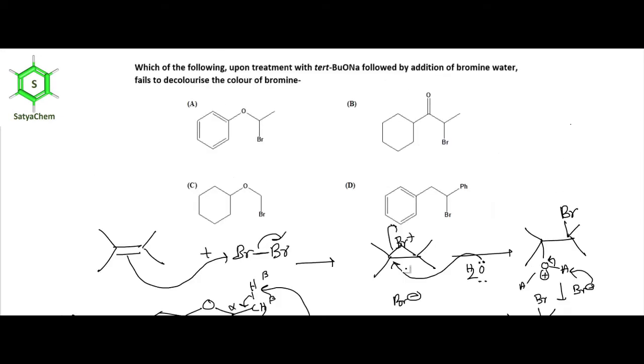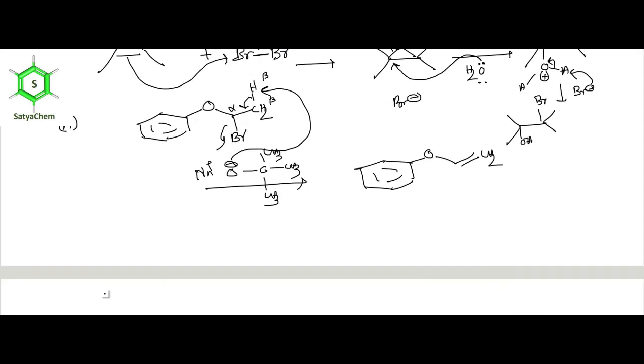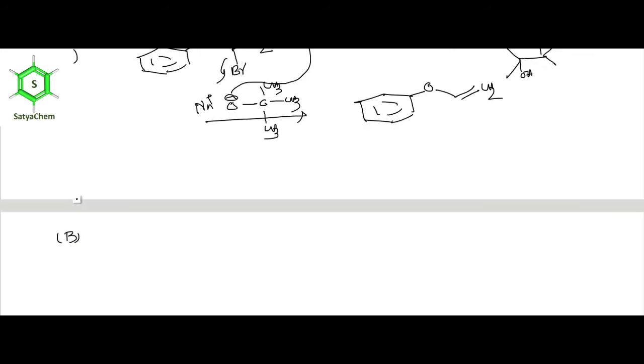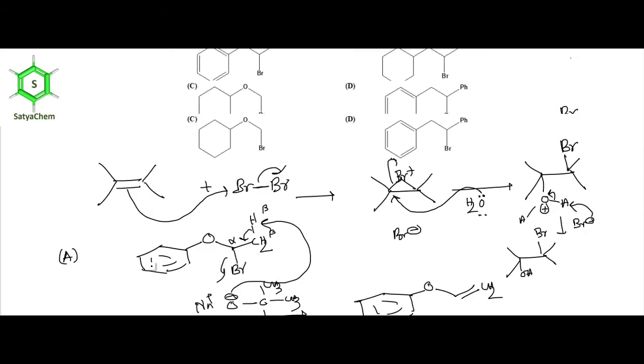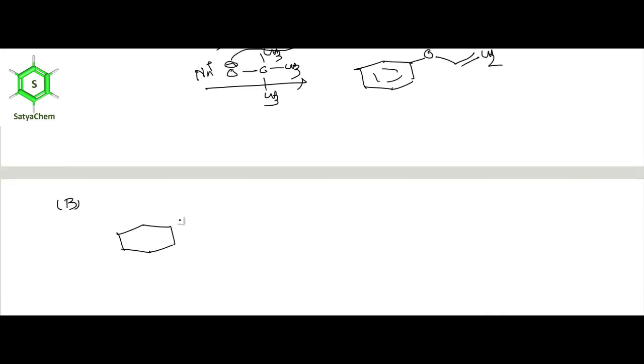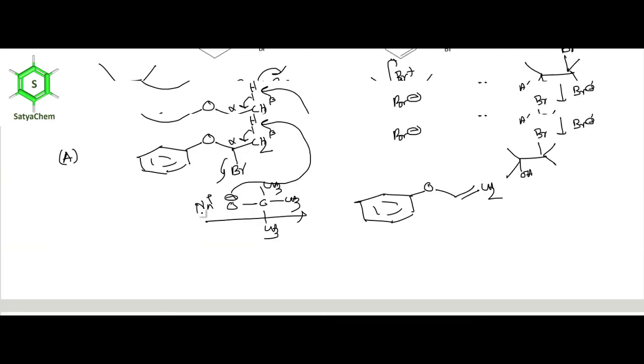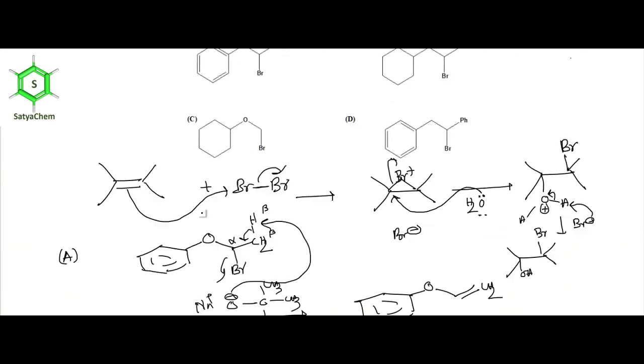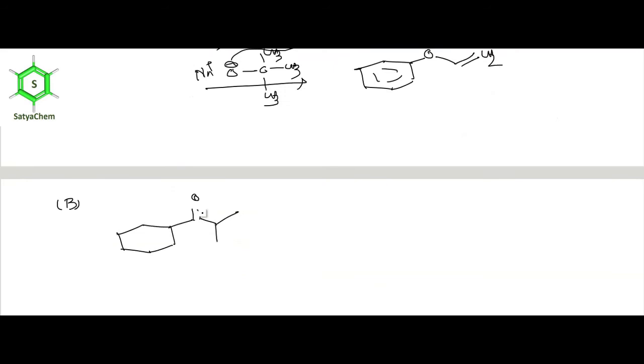Next, option B. Option B is this one. This is the alpha carbon, this is the beta carbon, and we have a beta hydrogen.